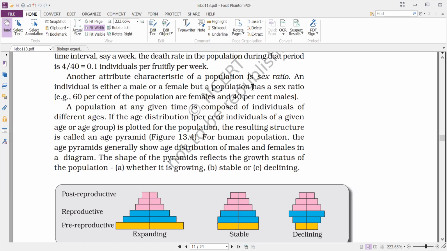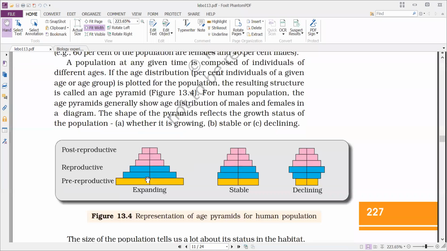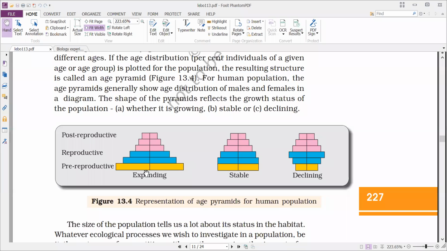For the human population, the age pyramid generally shows the age distribution of males and females in a diagram. The shape of the pyramids reflects the growth status of the population, whether it is growing, stable, or declining. Here we can see the pre-reproductive age people are more, the reproductive age people are a considerable number, and post-reproductive age people are less.